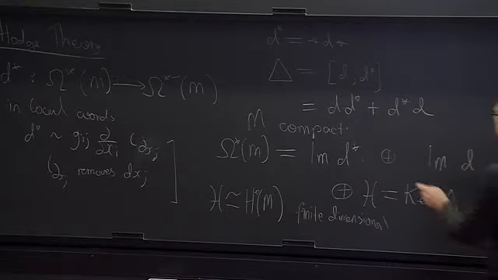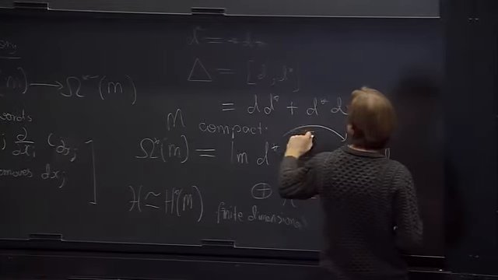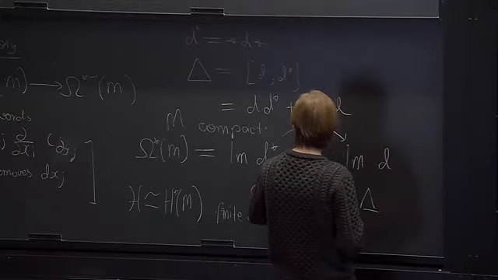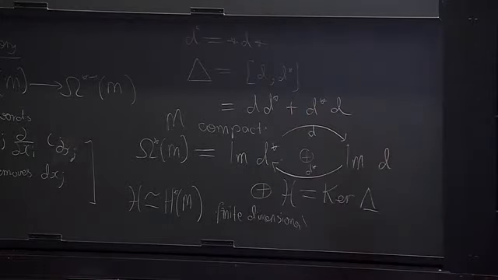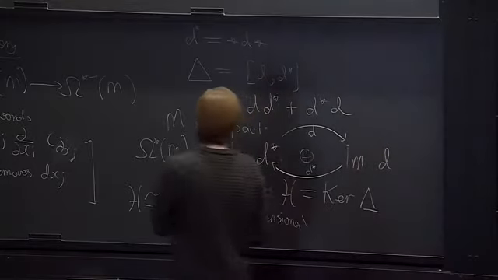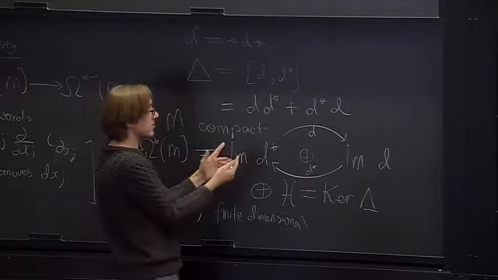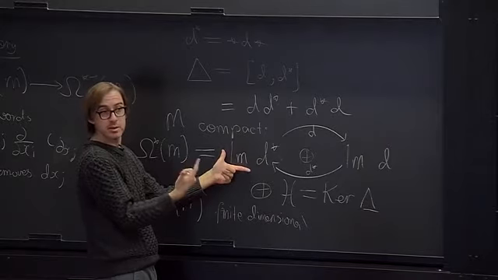And what happens is that the operator d is an isomorphism going that way, and d star is an isomorphism going that way. So that's great. That tells us that on this subspace, we have a chance of our quadratic form being non-degenerate because nothing in this subspace is in the kernel of d.